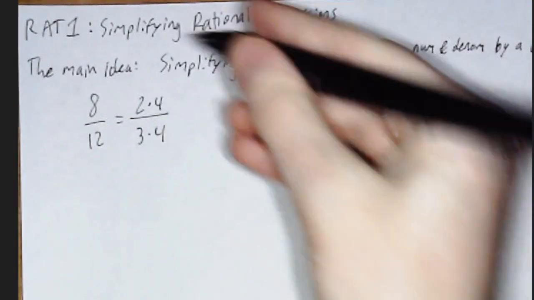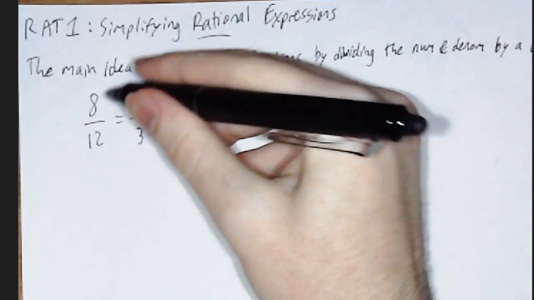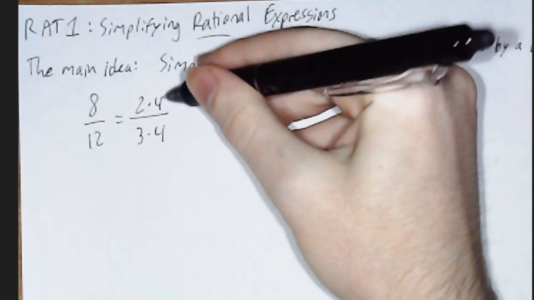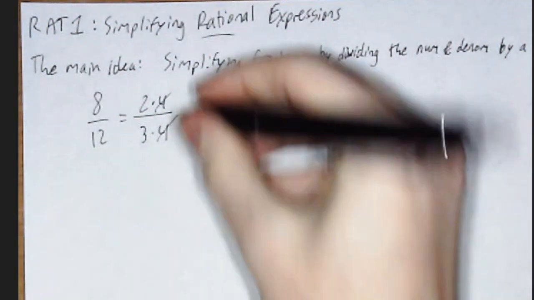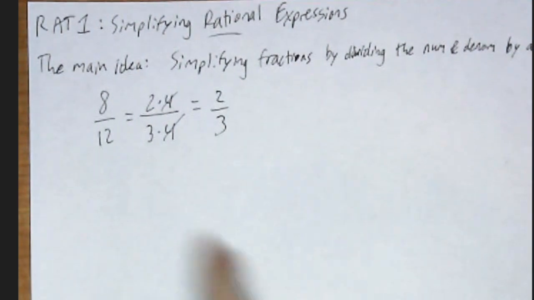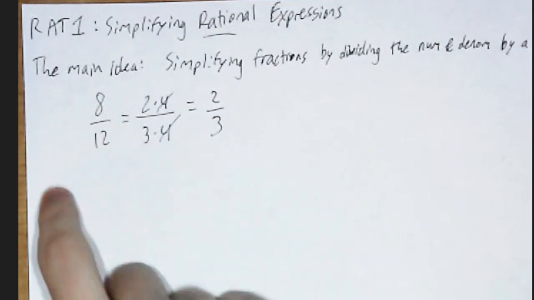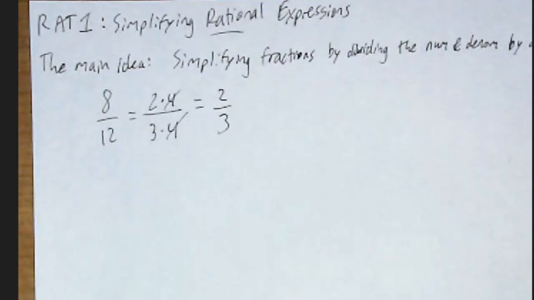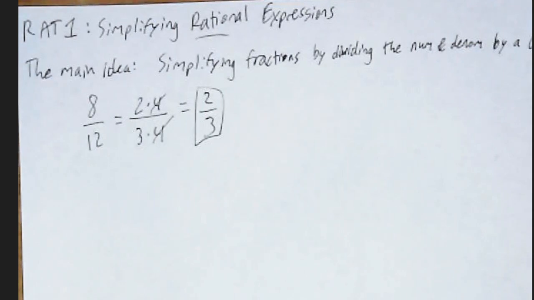So because 8 is 2 times 4 and 12 is 3 times 4, that means both parts of the fraction have a greatest common factor of 4, which we can cancel out because it's on both the top and the bottom. And we're left with 2/3. In other words, what I just did was I divided both the top and bottom by 4. 8 divided by 4 gives me 2. 12 divided by 4 gives me 3. We've done this before. And so this is my answer.